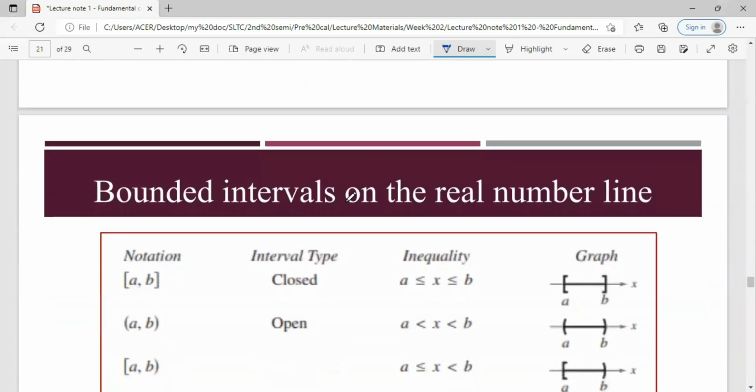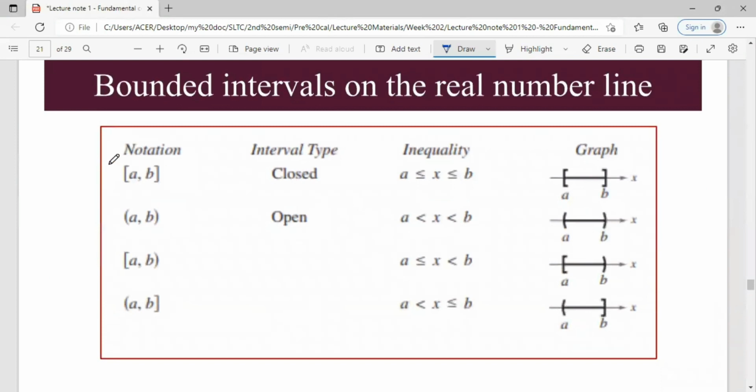Okay. So we know that if we have this one, we call it the interval. In notation, here we use the square bracket, so that means both are closed. So we call this interval a closed interval. In inequality form, a less than or equal to x, less than or equal to b.